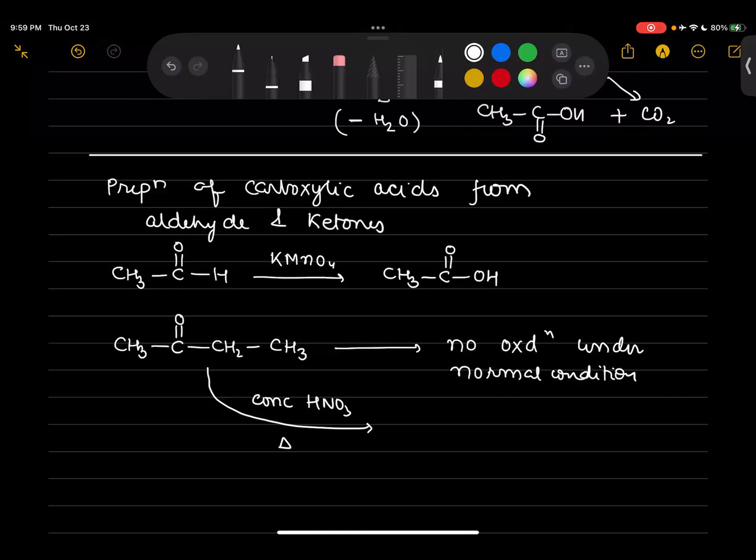That's what the question is. Normally, do ketones get oxidized? No. This should be your answer.